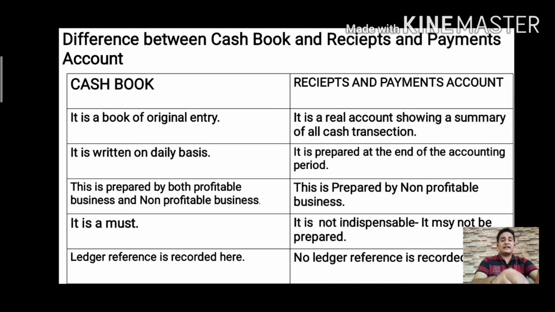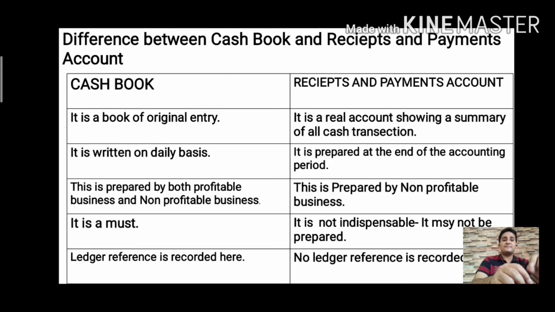For example, from May 1, May 2, May 3, May 4, how much cash is received, and how much cash is paid. So month-wise and date-wise, chronologically, the receipts and payments are maintained in the cash book.